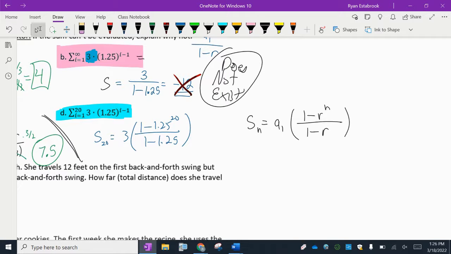So we have the sum of these first 20 terms. It should converge to something. Hopefully it's not too big. Sometimes you do stuff on the calculator and it gives you what's called an overflow error. The calculator can't comprehend that big of a number.